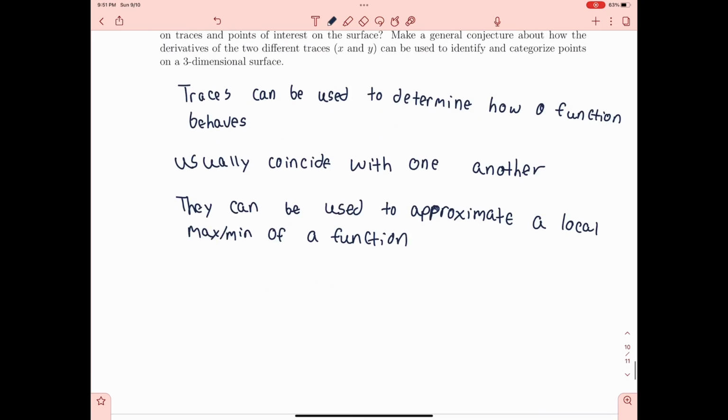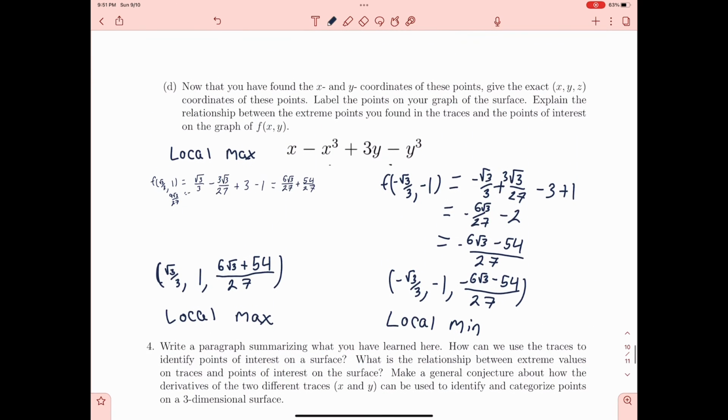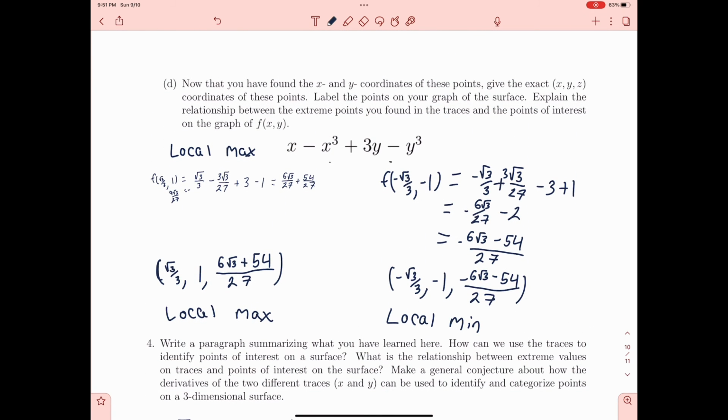So the next step would be to find the actual points to these local max or local min. We get that by plugging root 3 over 3 and positive 1 into the equation. And that gives us the messy z value of 6 root 3 plus 54 over 27, which means root 3 over 3, comma 1, comma 6 root 3 plus 54 over 27 is our local max.